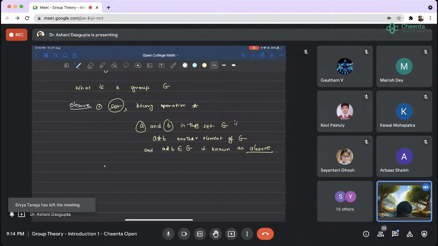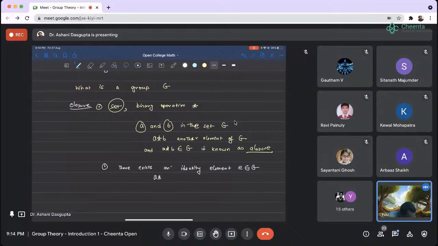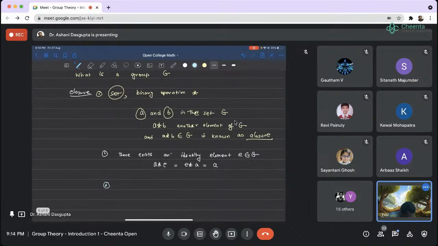Then there is another thing in a group G: there exists an identity element E in that set G, such that A star E equals E star A equals A. So the identity element does not change anything, it preserves the group element. Finally, we also have the inverse.